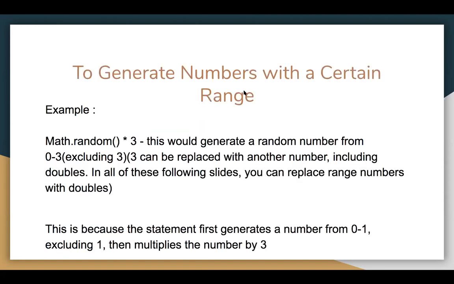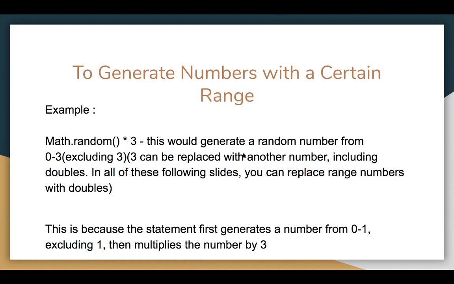So to generate numbers with a certain range. Of course, when you're doing random numbers, you often don't want it to only be between 0 and 1. So this is a way to broaden that range. An example of how you might program numbers with a certain range: you do math.random, which is the one we just used, times 3.